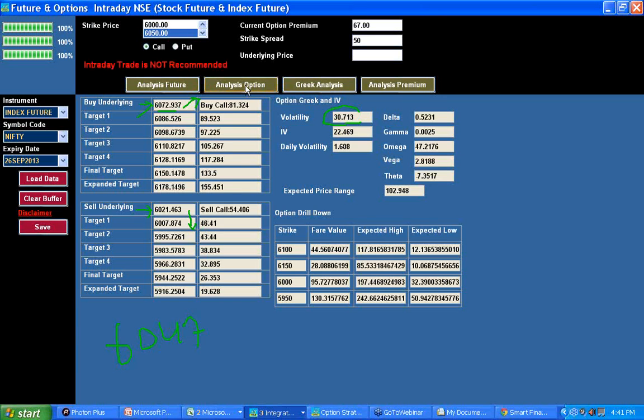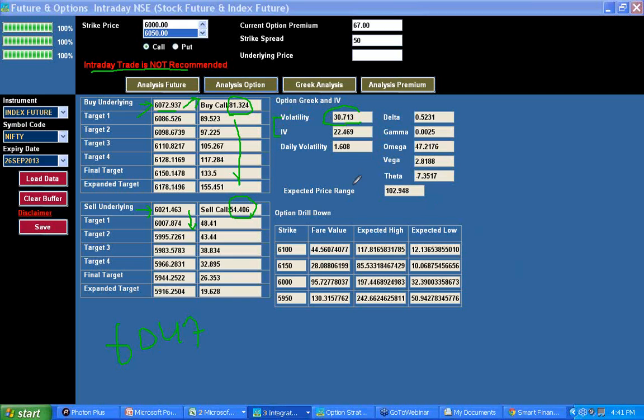So this says that I must buy this option at 81, keeping a stop loss of 54. These are the targets, but it says that intraday trade is not recommended. Why? Because in the second point I have told you to analyze the volatility and implied volatility.